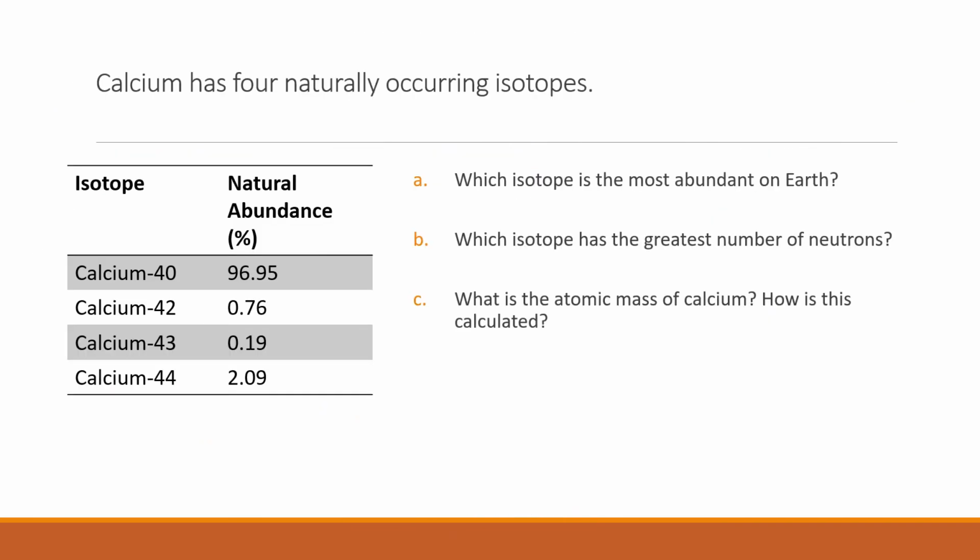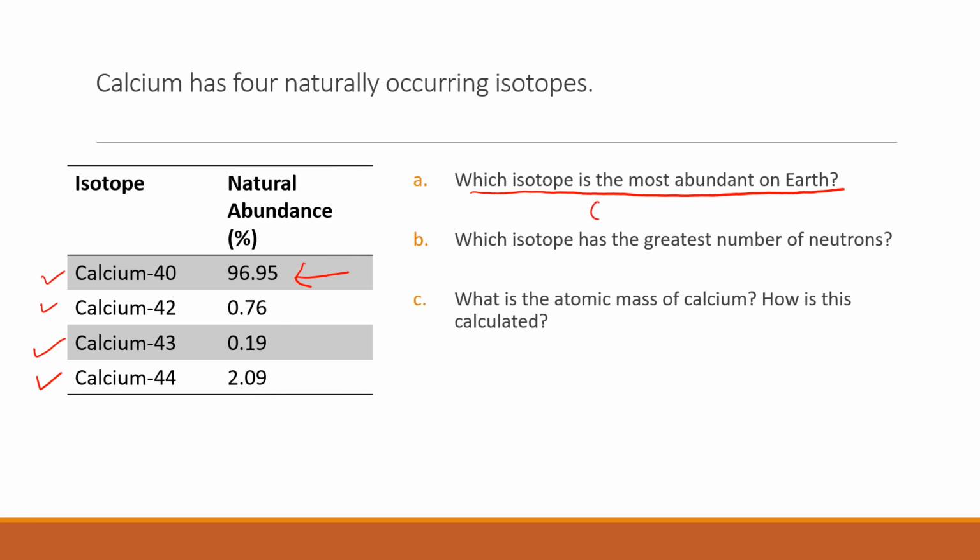Let's take a look at another example. Calcium has four naturally occurring isotopes: calcium 40, calcium 42, calcium 43, and calcium 44. The first question is, which isotope is the most abundant on Earth? Most abundant means percentage-wise which one has the highest percentage. We can clearly see that the highest percentage belongs to calcium 40.